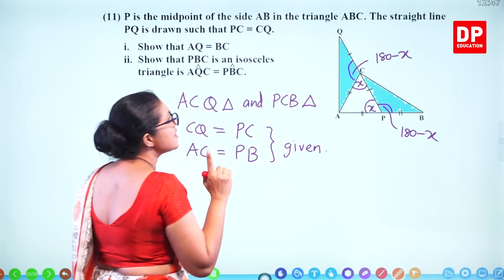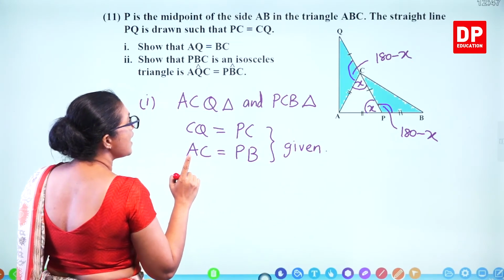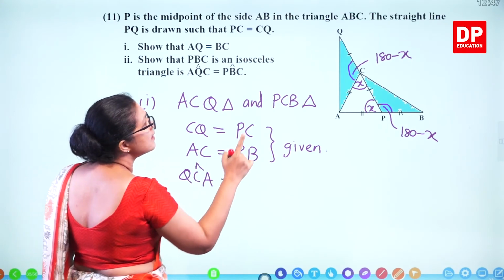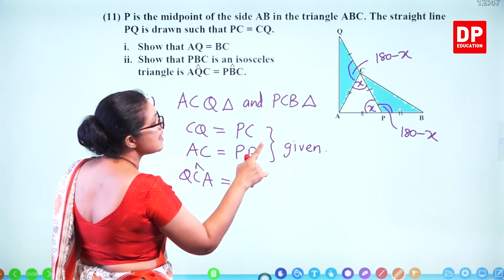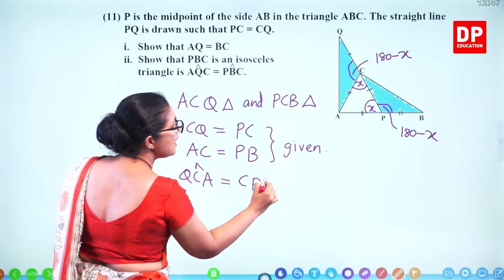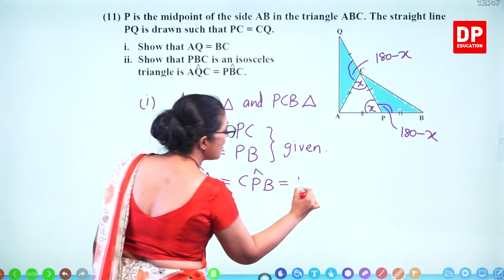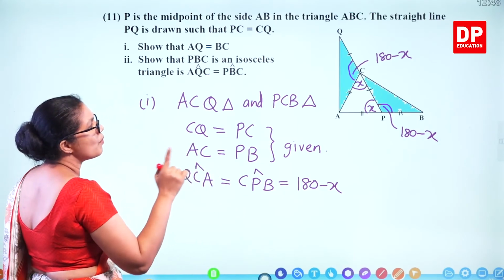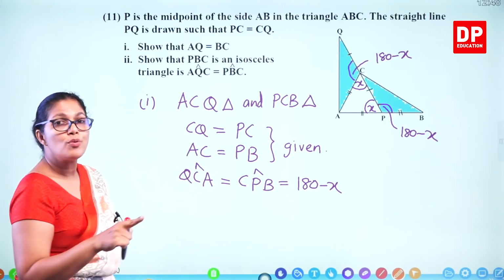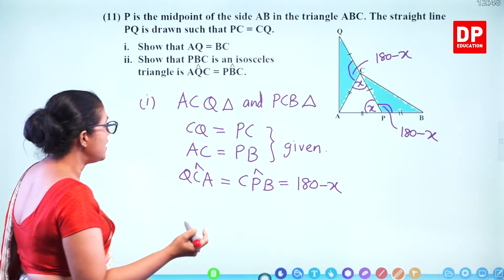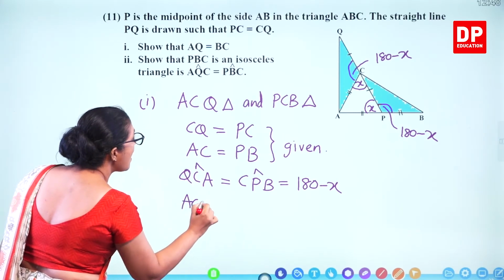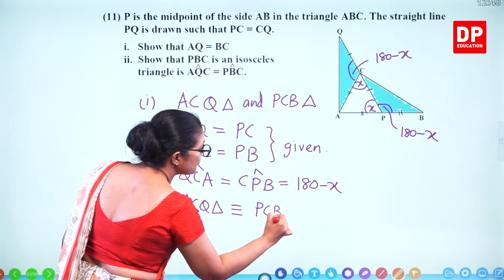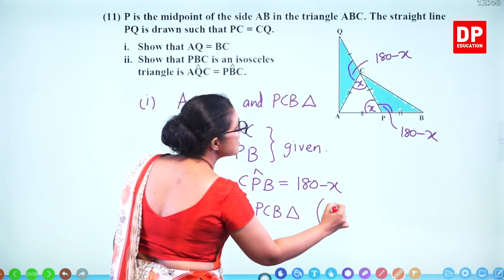Now we can see angle QCA is equal to angle CPB, that's 180 minus X. Now 1 angle and 2 lengths. So the angle is included. So the 2 triangles are congruent. What's the case?